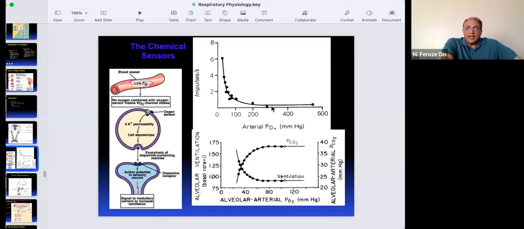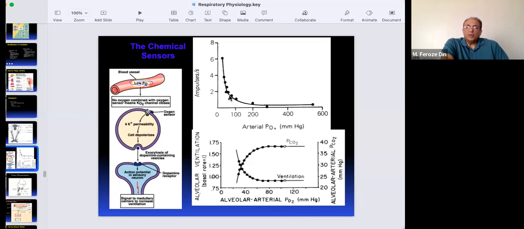You can see that as the arterial level of oxygen falls on this graph, there is a certain point, and that point is usually 60 to 65 millimeters of mercury. That point is when the receptors actually discharge exponentially. But of course, as soon as it starts falling below our normal, as you know, is about 95 to 100 millimeters of mercury in the arteries of oxygen, then there is the response.